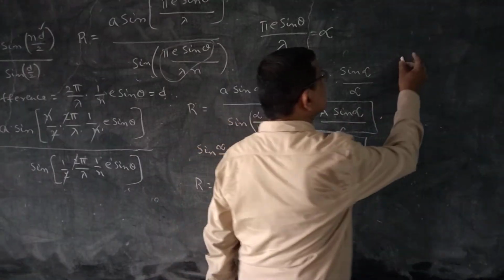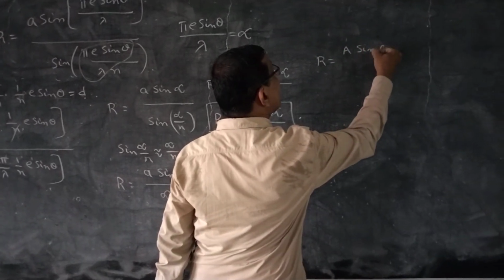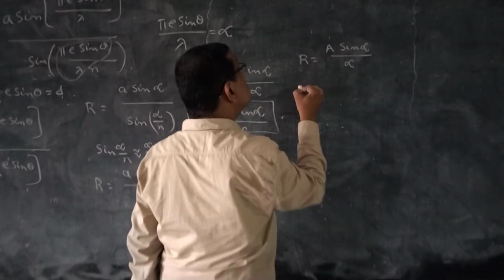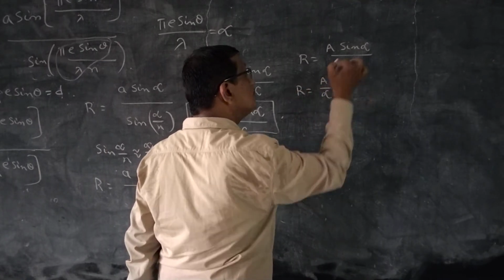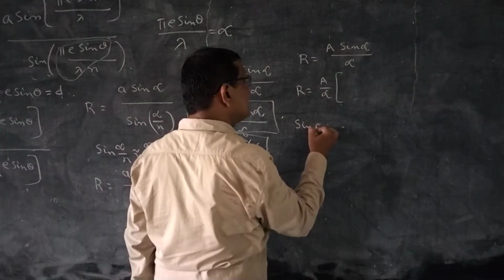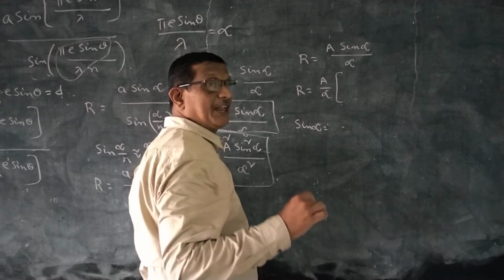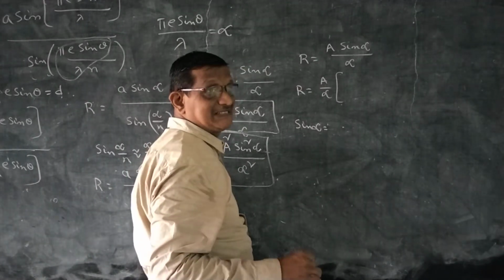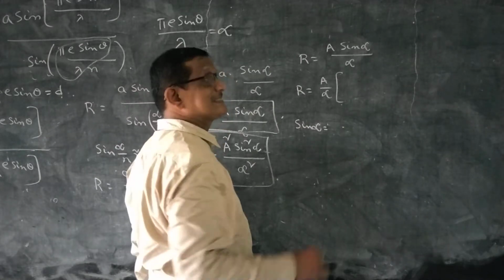Now from this expression, R = A sin α/α, which is R = A/α into sin α. For sin α, we can write the expression for any trigonometric function like sin θ, cos θ, tan θ, or an exponential function e^x by using the Taylor series.